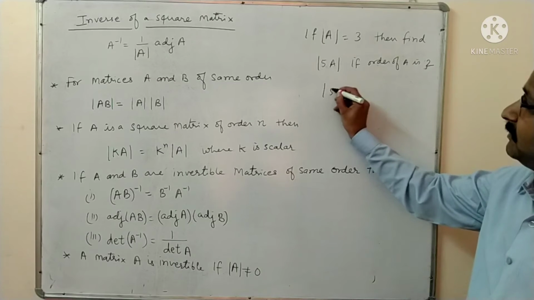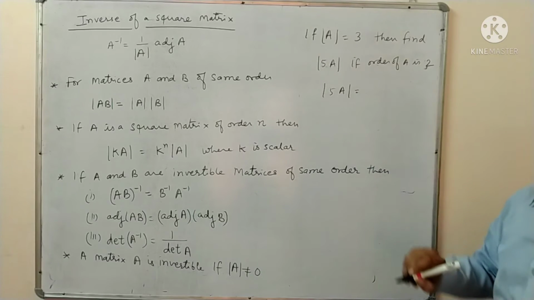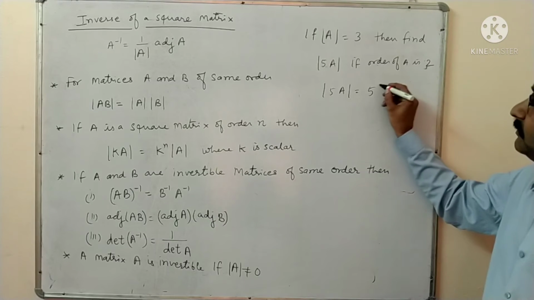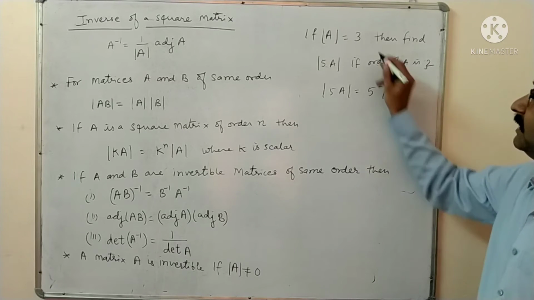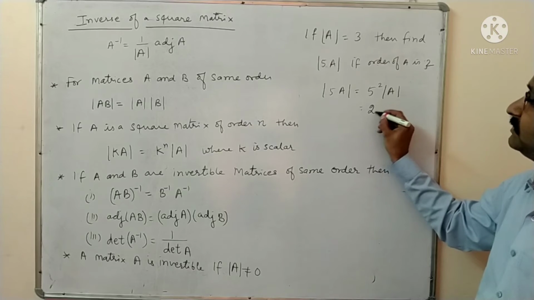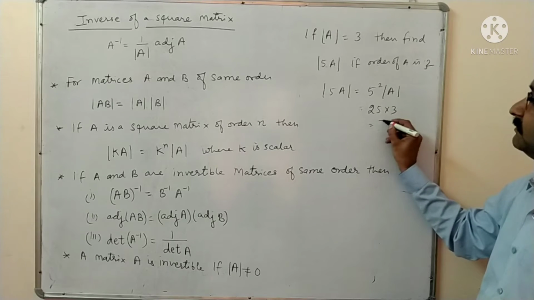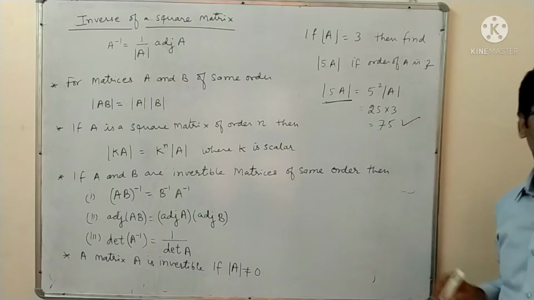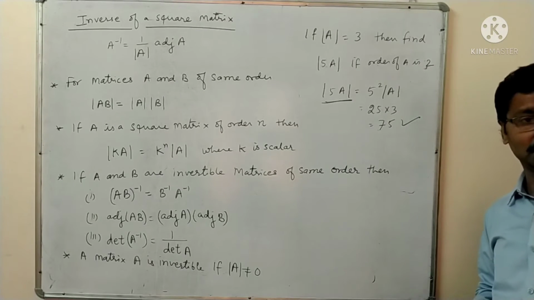What can we write by the formula? By the formula we can write 5 power 2, since the order is 2, times determinant of A. Determinant of A is 3, so 5 power 2 is 25, into 3, so 75. So determinant of 5A we get 75. So this type you can do by a short method.